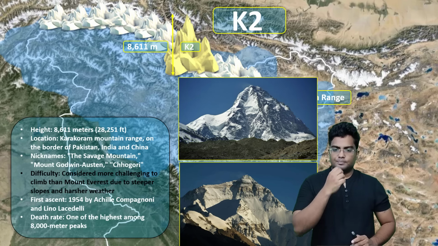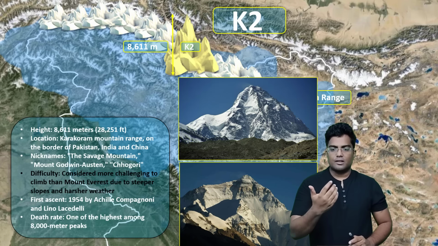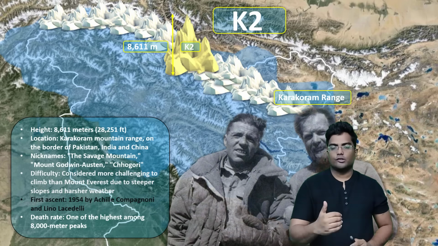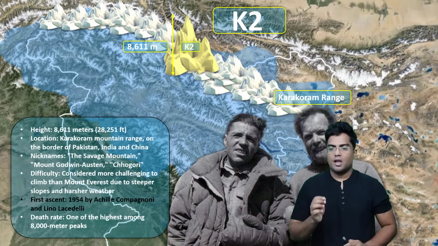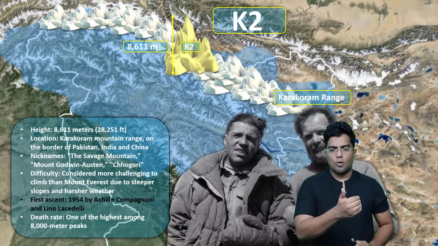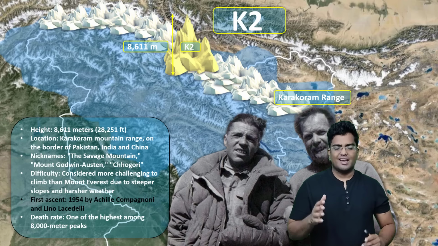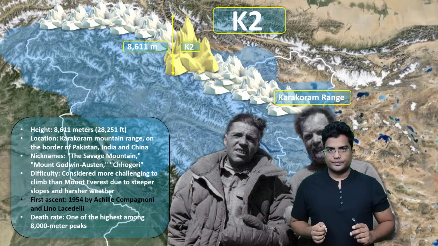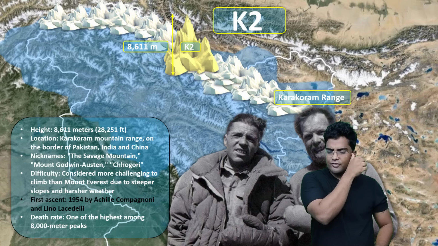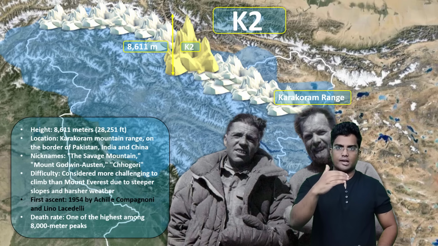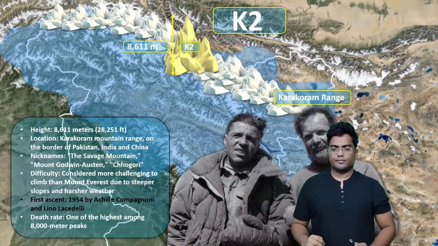Now, as you can see, there were two gentlemen who actually climbed K2, and their names are Compagnoni and Lino Lacedelli. We are not interested, but for the sake of it, I've just added this information. These are actually from Italy. These two gentlemen scaled K2 first.